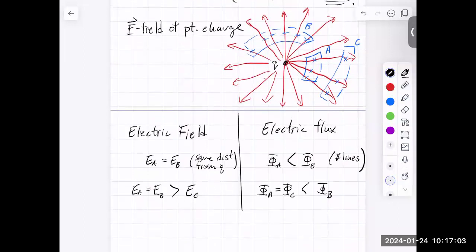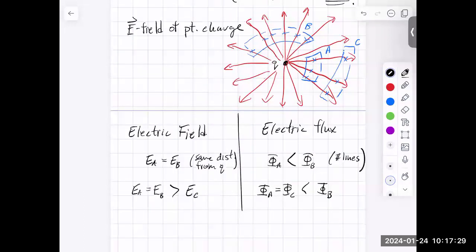All right, so that's kind of the gist of how you can do these simple comparisons. It's important to remember the distinction between electric field and electric flux. I think a lot of people who struggle with physics just struggle with keeping terminology straight, knowing the differences between terms.